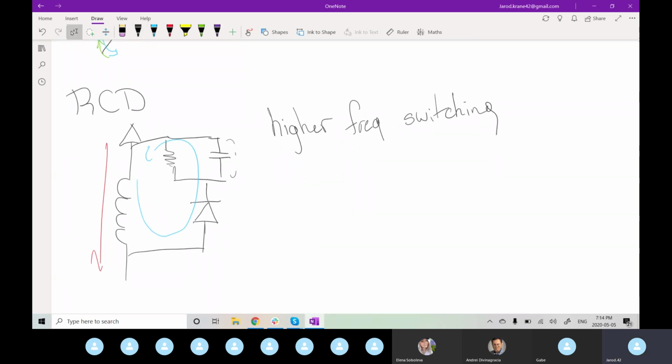So yeah, for faster settling times and for lower ripple voltages.